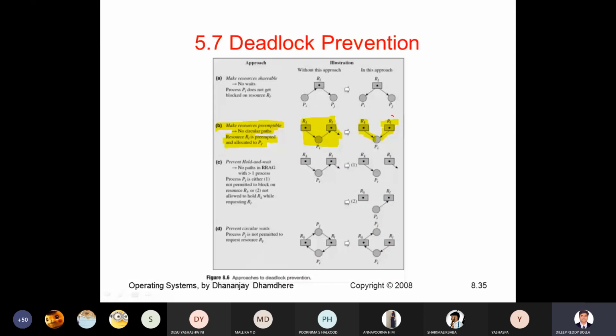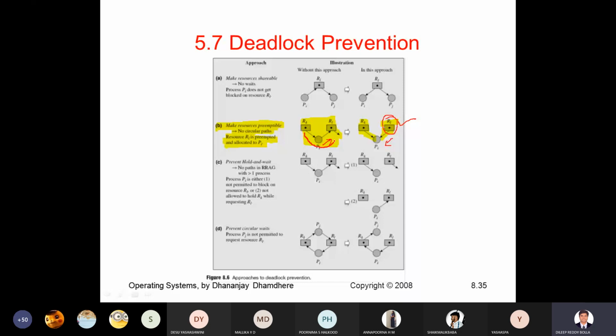The resource what we have here, previously we were doing in this way. Now we are trying to change that in this manner, which means we have made this resource preemptible. As the resource has become preemptible, you see this one here, it's making like a circular loop.